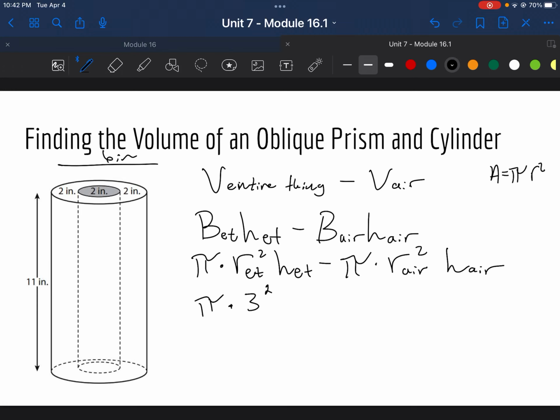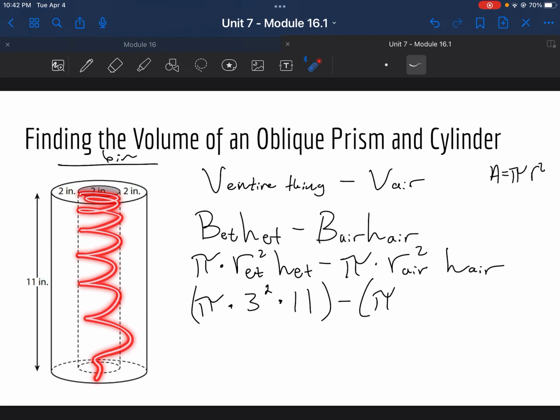So we're going to do pi times 3 squared times my height of the entire thing, which is just going to be 11. I'm just going to put that in parentheses so I don't get confused. And then we're going to do minus, again in parentheses, pi times the radius of just the air.